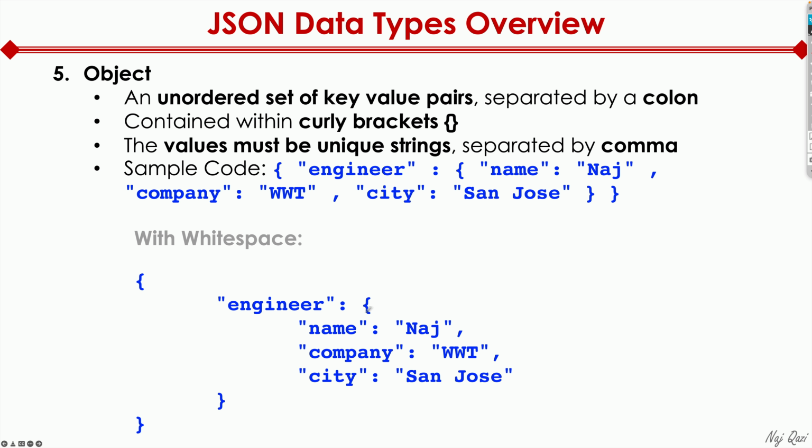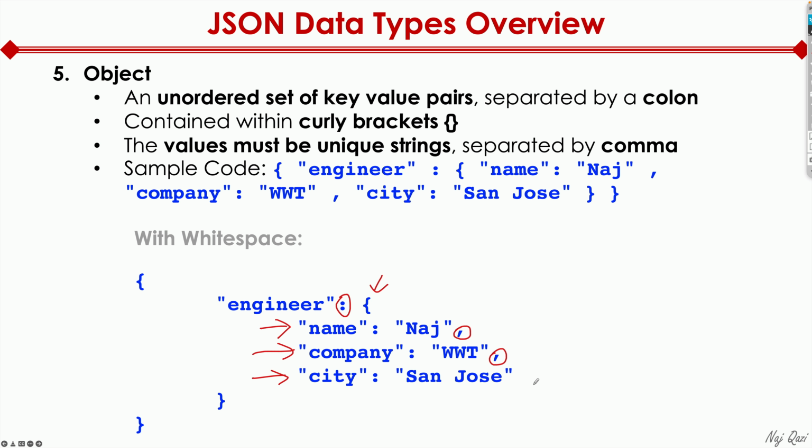Now, a couple of things I want to bring to your attention from the white space standpoint. Once again, we have double quotes around engineer, we have a colon, then a space, and then the curly bracket. And as you can see, for each string, there's a comma at the end. That's another string, and there's a comma at the end. But check this out.